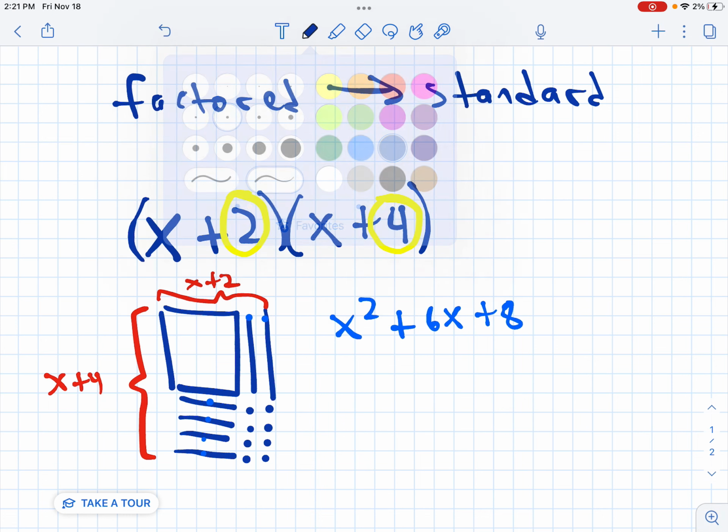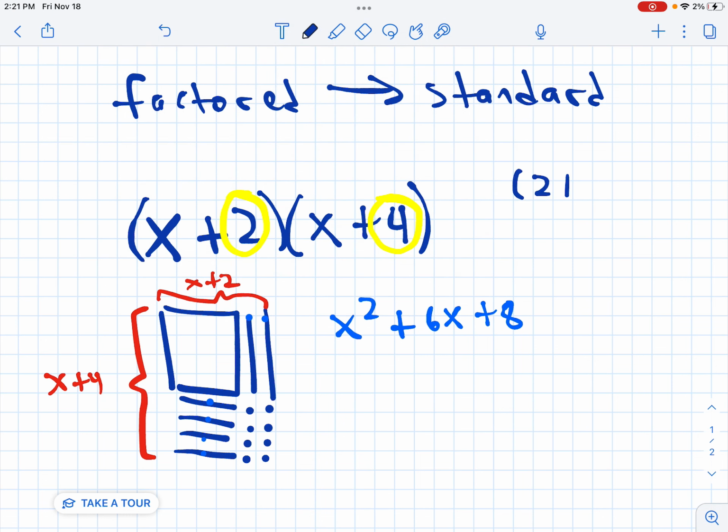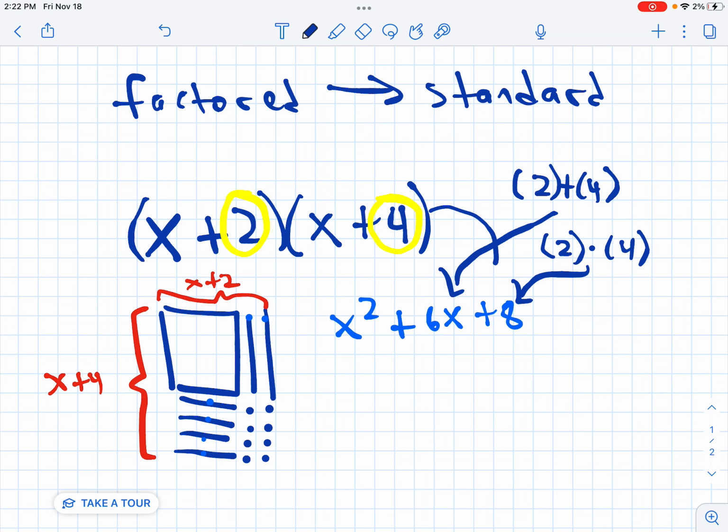You are adding them up, and 2 plus 4 is 6. And then when you multiply them, 2 times 4 is 8. Okay, so you can do these actually really fast.